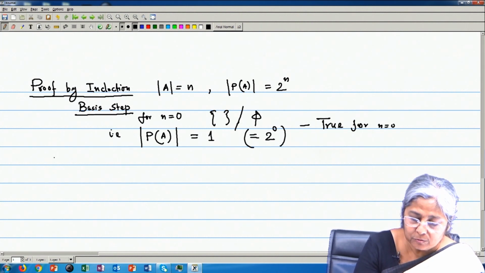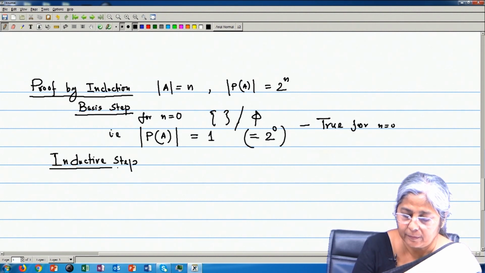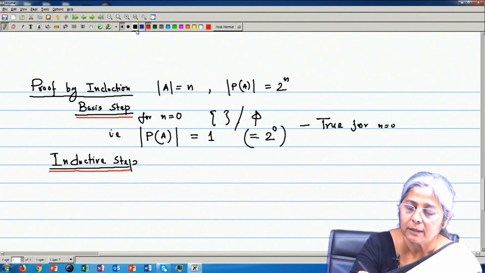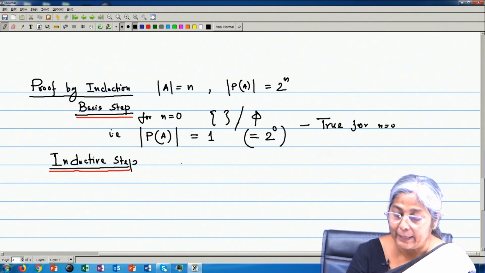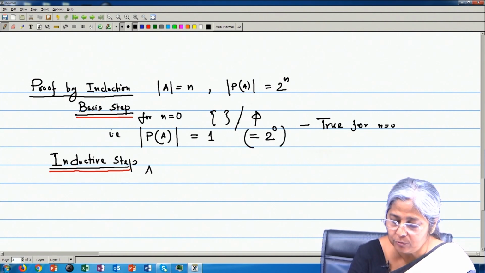Now, what will be our inductive step? For the inductive step, we assume that for the value of n, the conjecture is true.